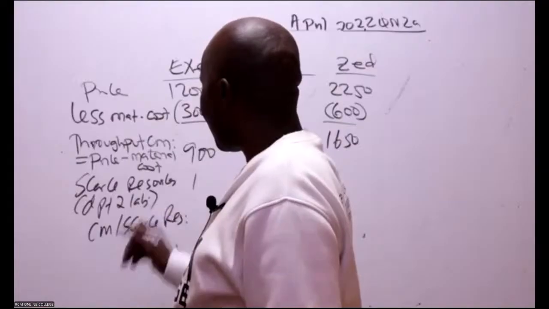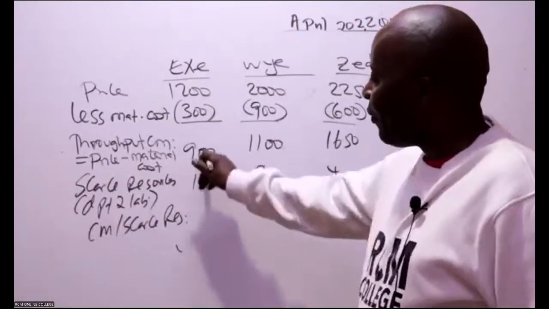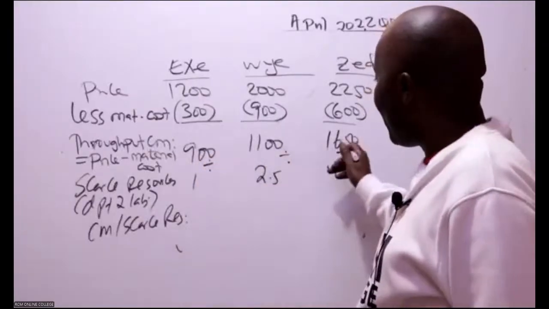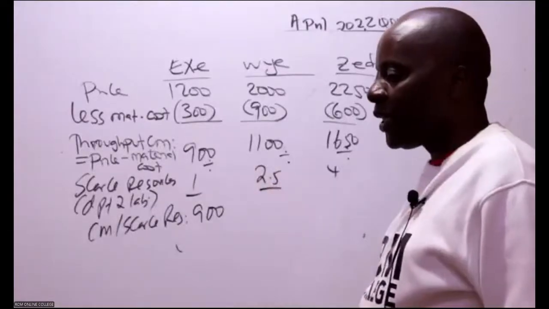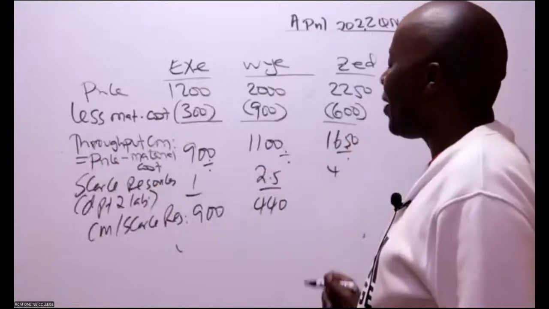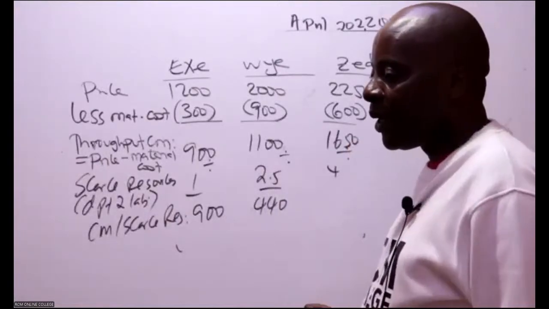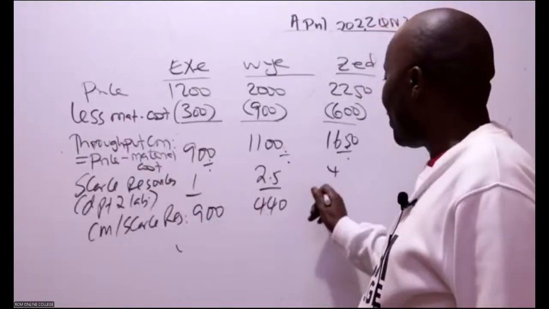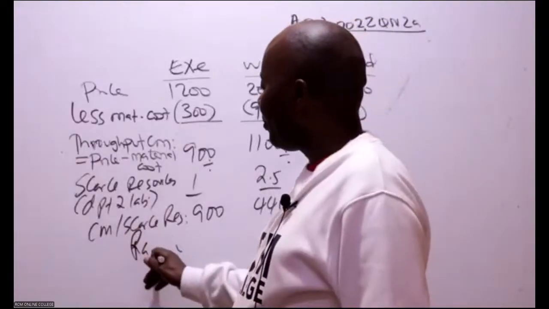You divide. The first one, divide them up. So this will be 900. This divided by this will be what here? 440. Then lastly, 1,650 divided by 4, 412.5. So please go ahead and rank them.